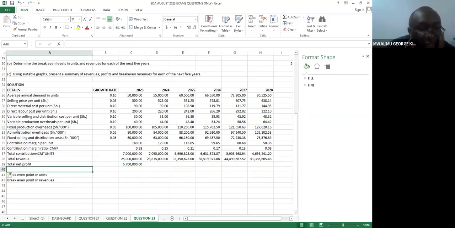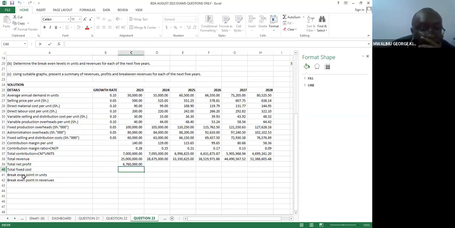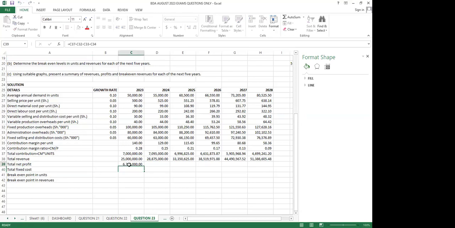I want it to be here between total net profit and the break-even point in units, and we call it total fixed costs. Have you managed? Yes, yes.